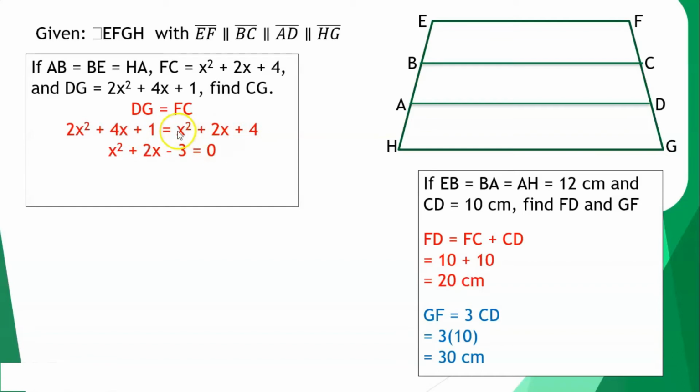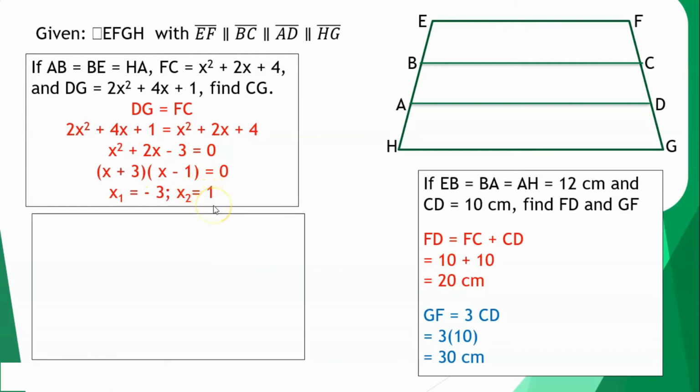So simplifying this, this will become x squared. Transferring 2x here, that will become plus 2x. And 1 minus 4, that would become negative 3 equals 0. Now at this point, let's factor. So the values for x here could be negative 3 or positive 1. So at this point, we will consider x as negative 3. So finding DG, substituting will end up with 7.